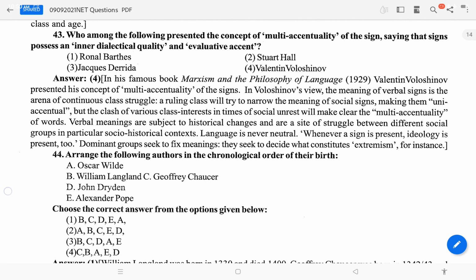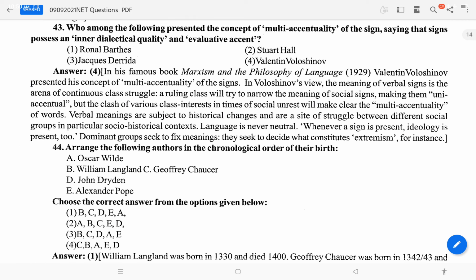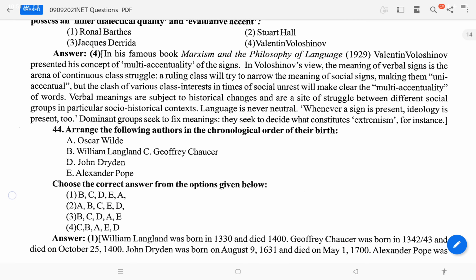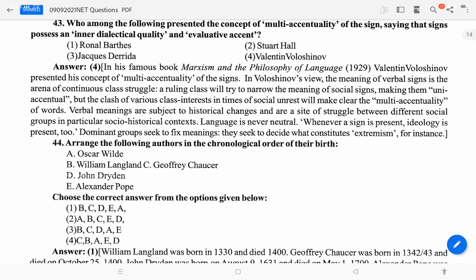In Volosinov's view, the meaning of a verbal sign is the arena of continuous class struggle, and the ruling class will try to narrow the meaning of the social sign, making it uniaccentual.